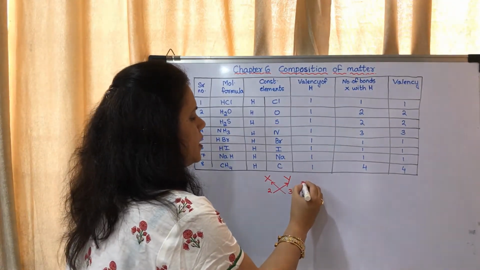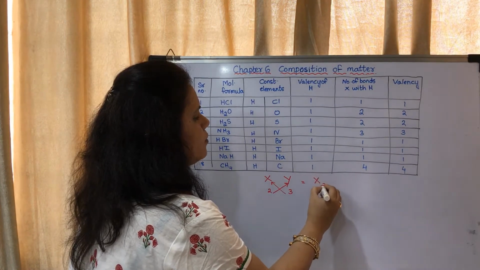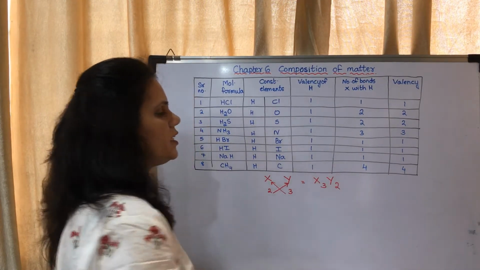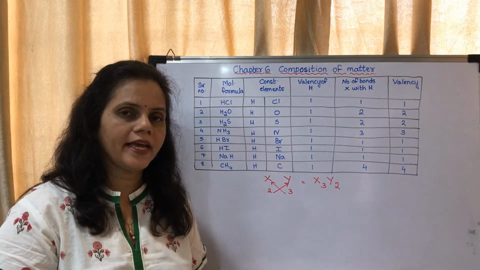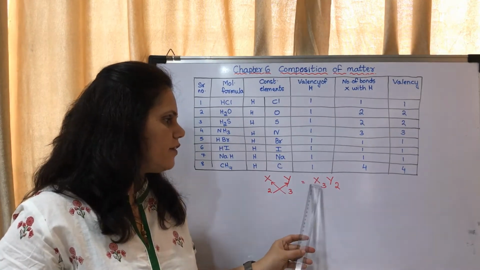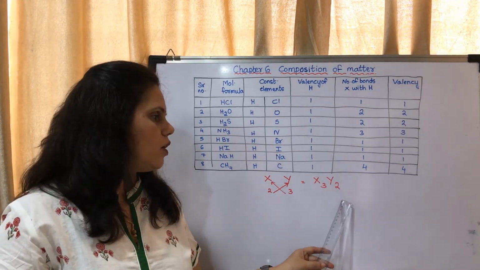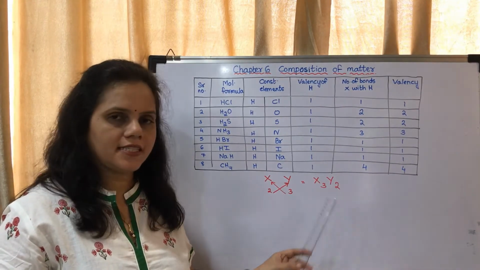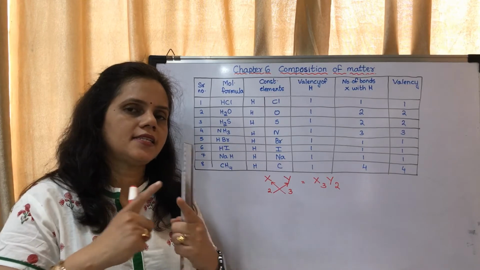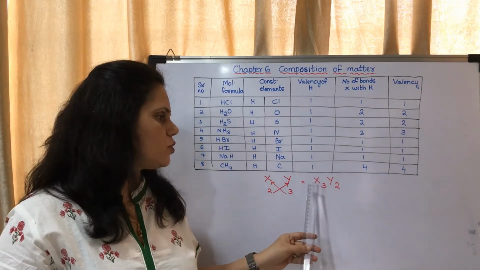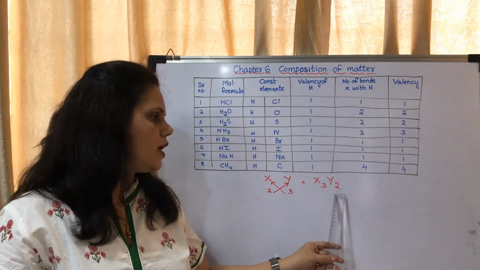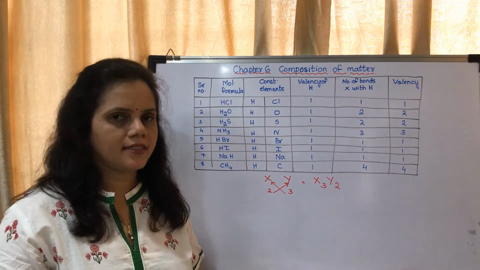That means the molecular formula will be X3Y2. So if X3Y2 is given, what is the valency of X? It is 2. What is the valency of Y? It is 3. I repeat, the valencies are written opposite. So the valency of X is 2 and the valency of Y is 3.